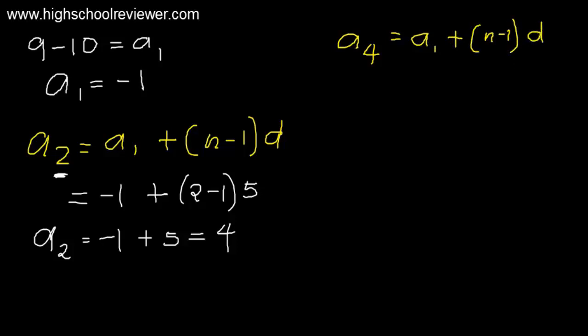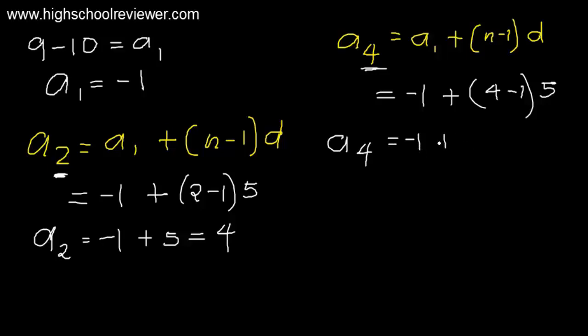Our a sub 1 is equal to negative 1 plus n minus 1. Our n here will be equal to 4. So 4 minus 1, and our d is 5. So a sub 4 would be equal to negative 1 plus 4 minus 1, which is 3, 3 multiplied by 5, that is 15. So our a sub 4 would be equal to positive 14.